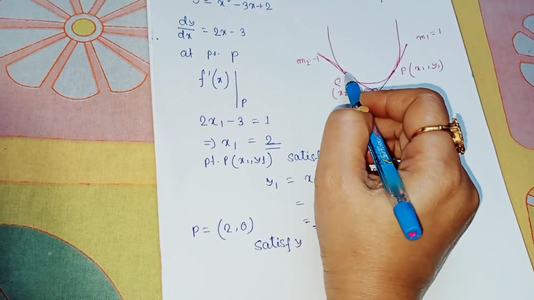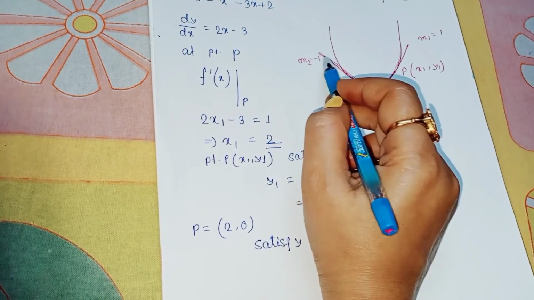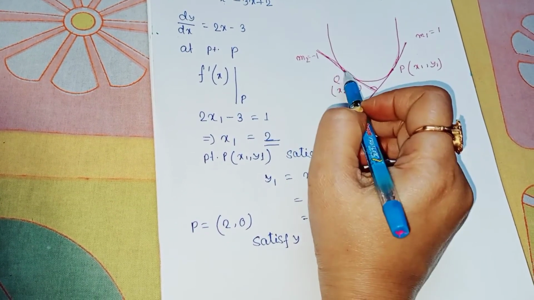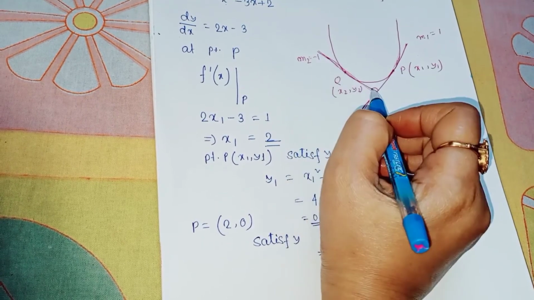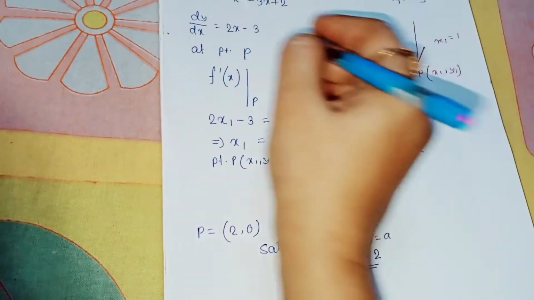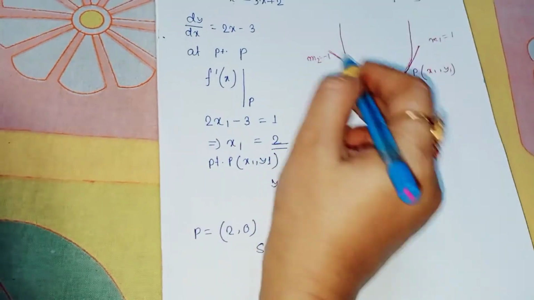the point Q is on the other tangent and it satisfies this tangent.